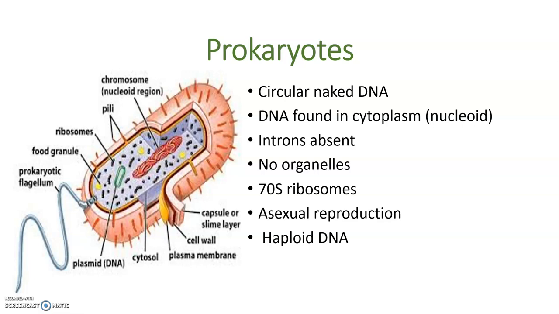The entire cytoplasm of a prokaryotic cell is one unit with no internal support structure. That is, they don't have a cytoskeleton to support their structure. And the strength of the entire prokaryotic cell lies within the cell wall.